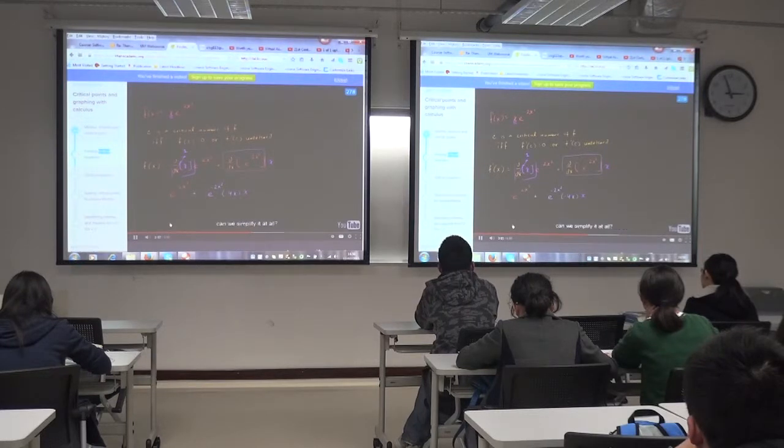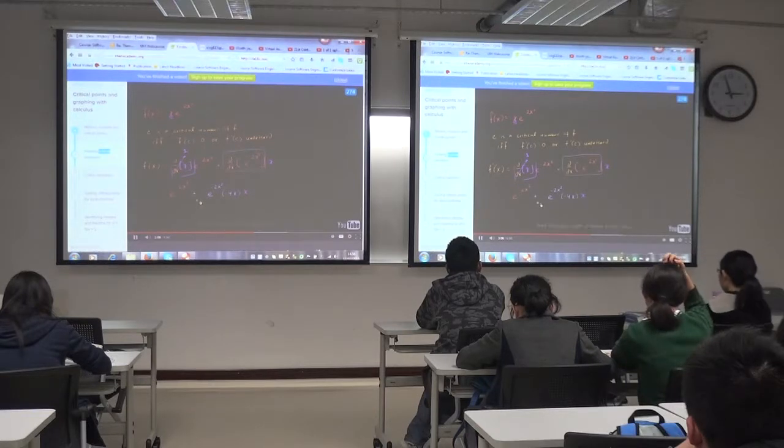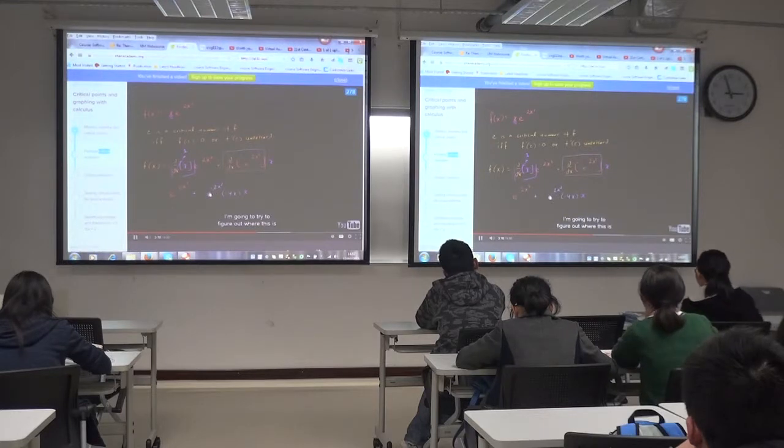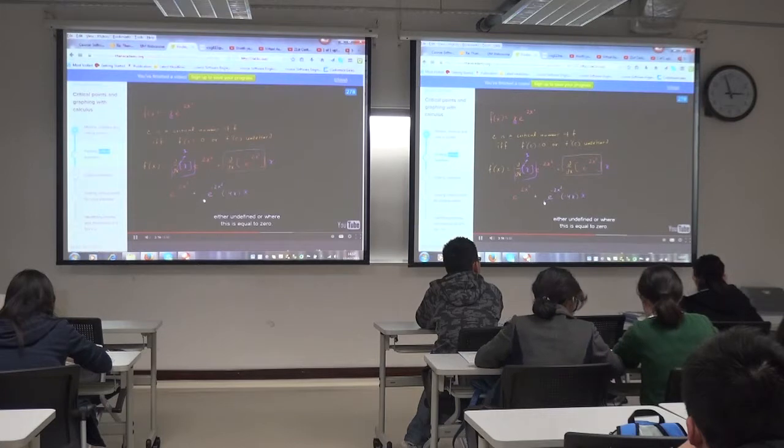And let's see, can we simplify it at all? Well, obviously both of these terms have e to the negative 2x squared. I'm going to try to figure out where this is either undefined or where this is equal to 0.